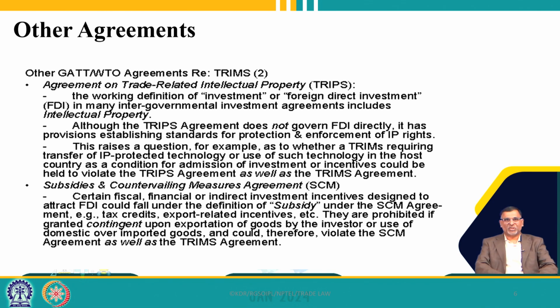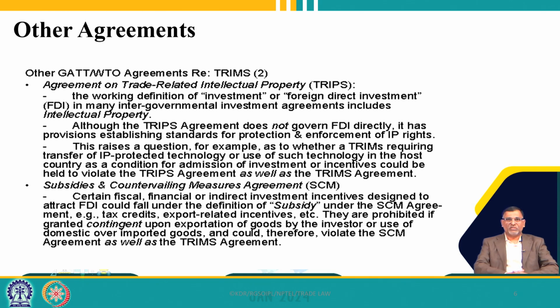Then the next agreement connection is the agreement on subsidies and countervailing measures. So, in this agreement we can see that when you export a subsidized good to a foreign country, then the foreign country has a right to impose additional taxes on such subsidized goods from your home country.